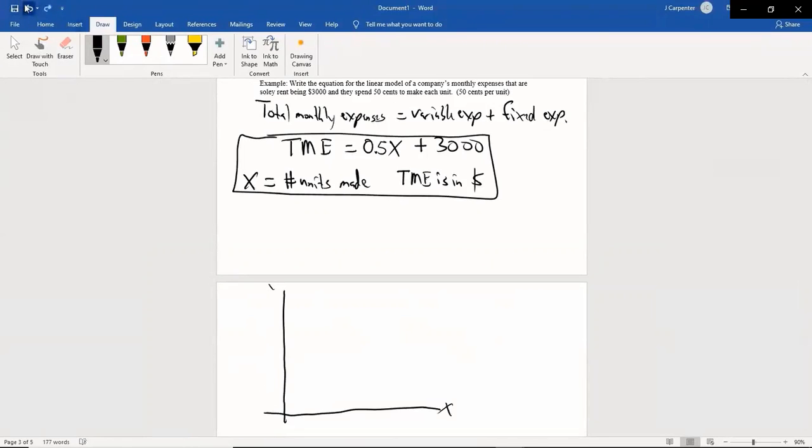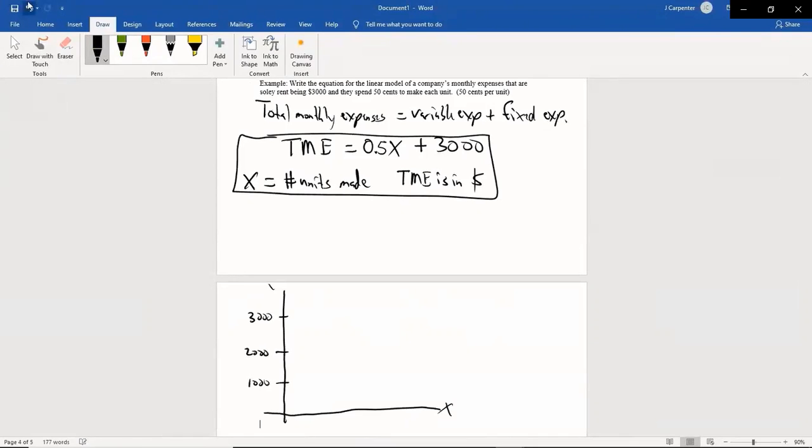And if it costs $3,000 if we don't make any units, and making more costs more money, we're not going to see any graph down here either. Everything's going to be positive. I'm going to decide to put 3,000 about here, which would make 2,000 about here, and 1,000 about here.